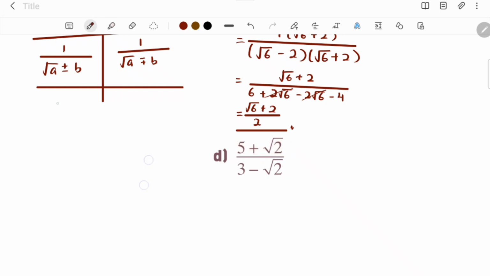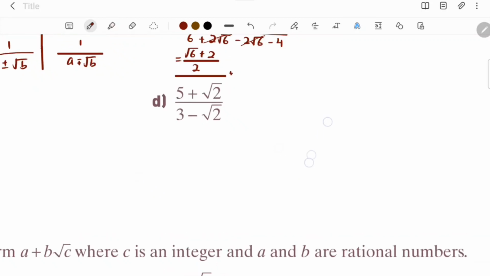So let's say this one is A plus or minus root B. So we have to use A minus or plus root B to rationalize it. So this one, we multiply it with 3 plus root 2 over 3 plus root 2.